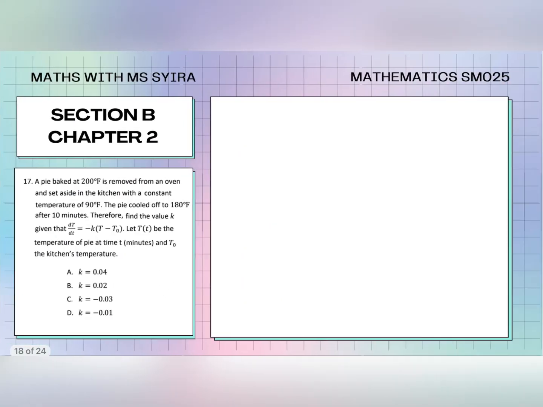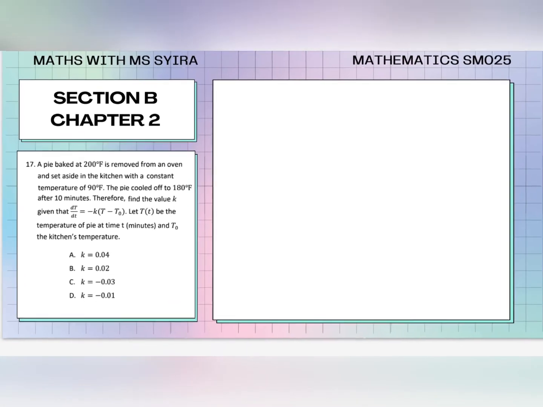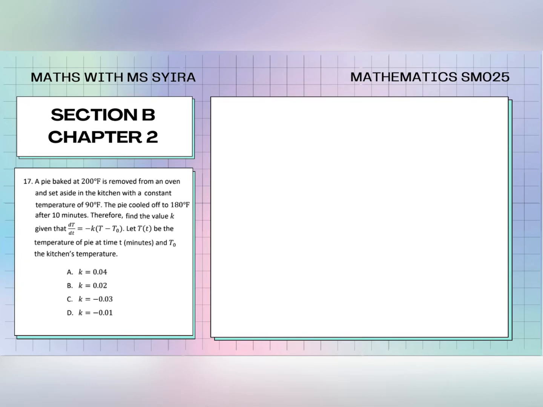Okay, so last question about chapter 2. Okay, question 17. A pie baked at 200 degree Fahrenheit is removed from an oven and set aside in the kitchen with a constant temperature of 90 degrees Fahrenheit. Okay, here kat sini, apa yang dia bagi ni? 200 degree Fahrenheit ni adalah T. T equals to 200 when our time is at 0.